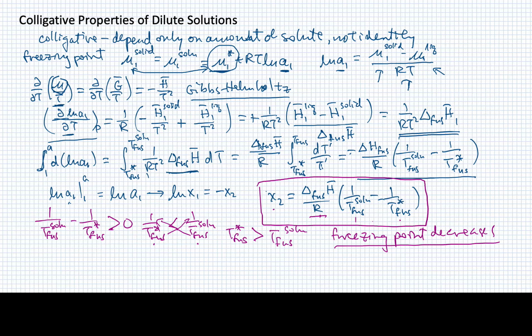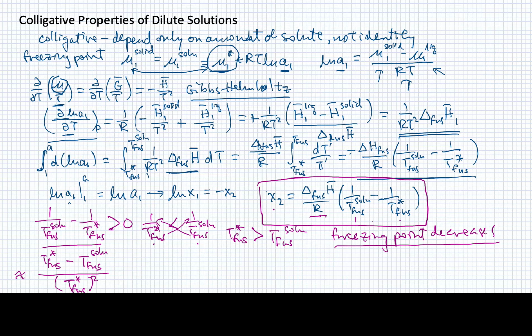For example, if I take this quantity here and rewrite it a little bit, I could rewrite this as T fusion of the pure solvent minus T fusion of the solution over the product of the two. But if this is just a small change, I can approximate that as being just the T fusion of the pure solvent squared.